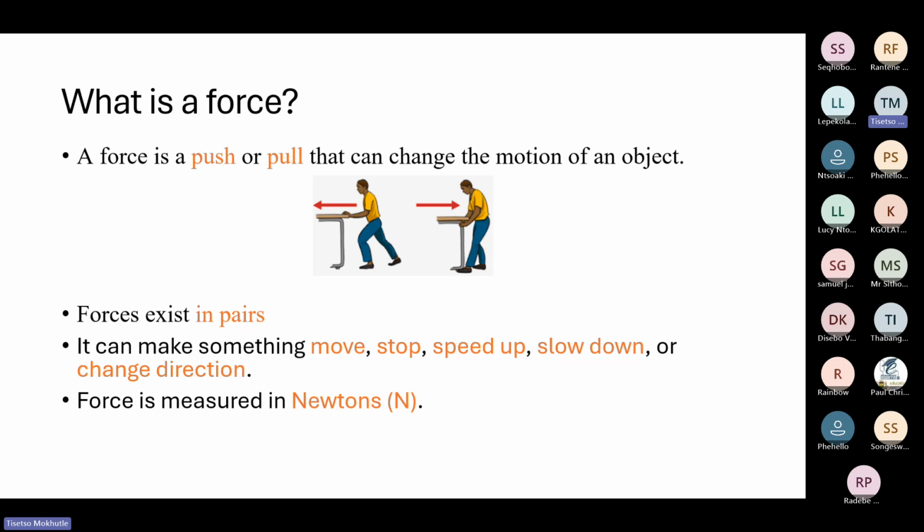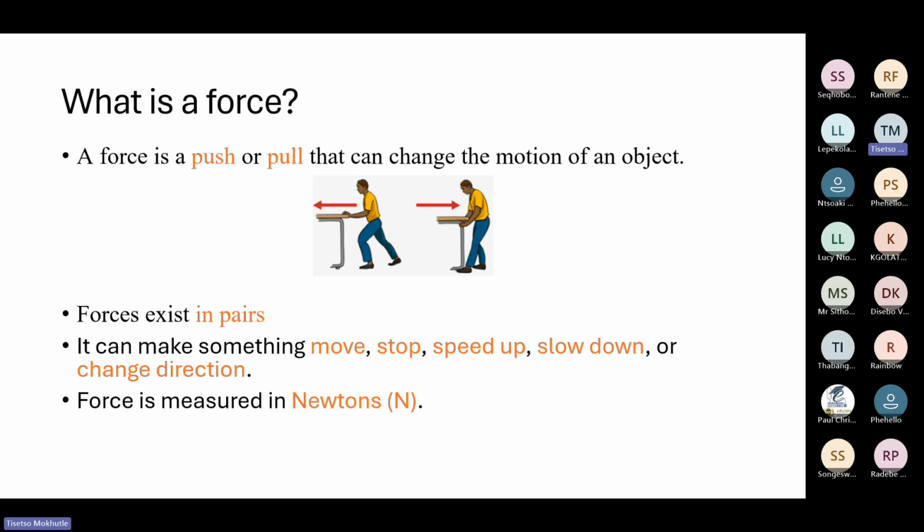If the object was already in motion and then you push and it speeds up, it means you have increased the forward direction of the force. If something is slowing down, like someone is kicking a ball towards you, the person would have kicked the ball with a particular force. Now, if you stop it with your feet, it means you have slowed down the force.